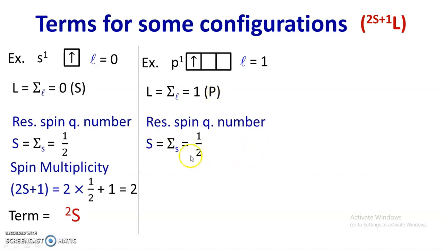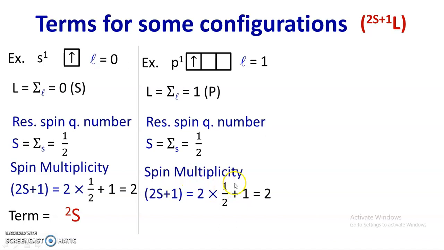Now resultant spin quantum number for this electron, so S is equal to summation of individual spin values, this is half, because there is only one electron, and spin multiplicity again 2s plus 1, as S is equal to half, then 2 into half plus 1, that is equal to 2, and the term is P2.